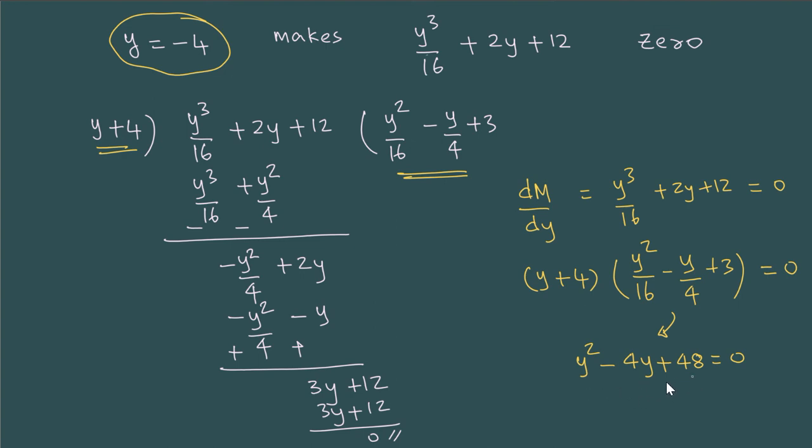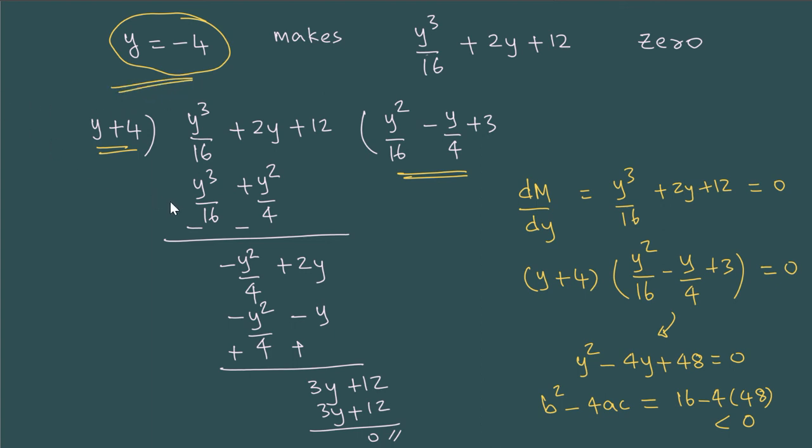So let's see the discriminant. So b square minus 4ac. I think it looks bad here. So b square is 16 minus 4 into 48. Yes, this is really bad. So that is less than 0. So we don't have a real number here. The roots of this quadratic equation are not real. So that means we are stuck with only one value, y equal to minus 4.